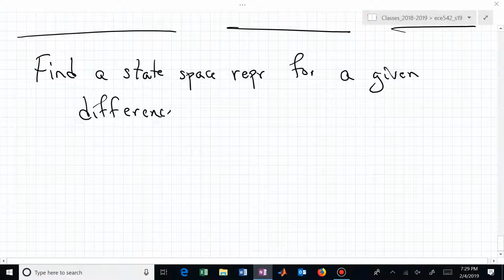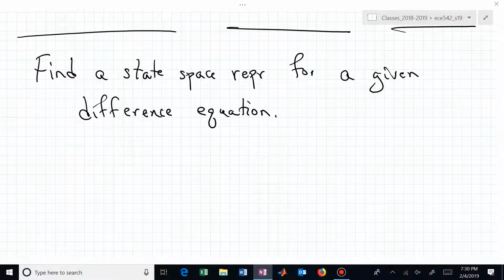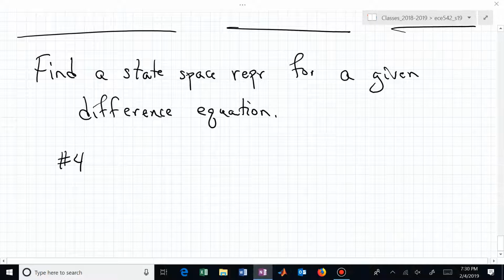And in fact, why don't I go back to a previous exam which will stretch our application of this a little bit further. What if I have now a coupled set of difference equations? And this is problem number 4, I guess 4A from the spring 18 exam number 1.